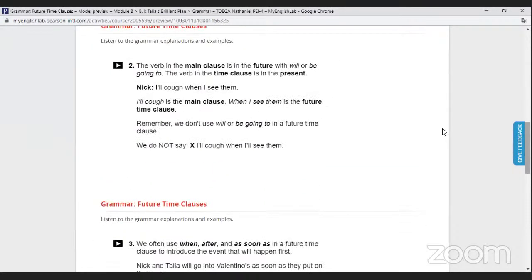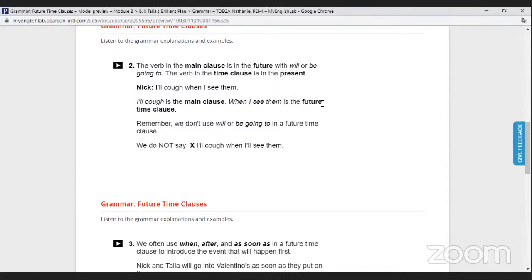In the second part, we can see the verb in the main clause is in the future with will or be going to. The verb in the time clause is in the present. Okay, so read the example, please. I'll call when I see them.